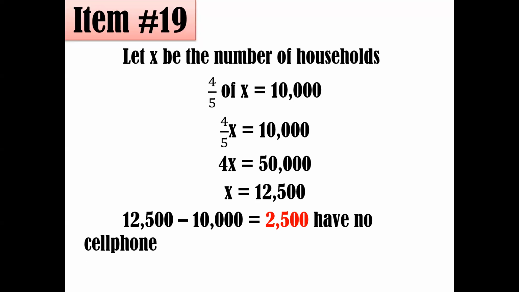But since 10,000 households ay merong cellphone, it means that 12,500 minus 10,000 is equal to 2,500 have no cell phones. And since 2,500 is not one of the choices, letter E po yung tamang sagot. 2,500 po. Okay? I hope na nakuha po natin yung explanation.